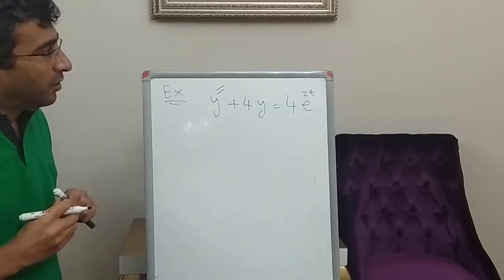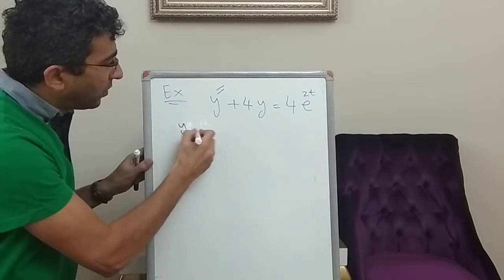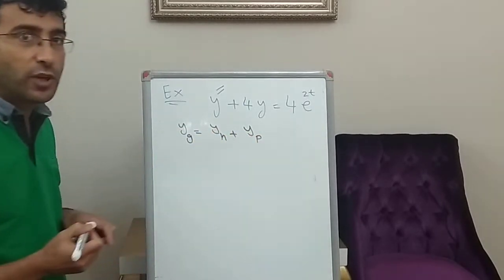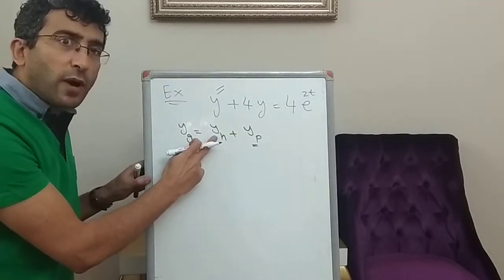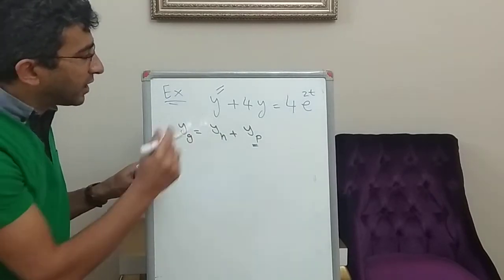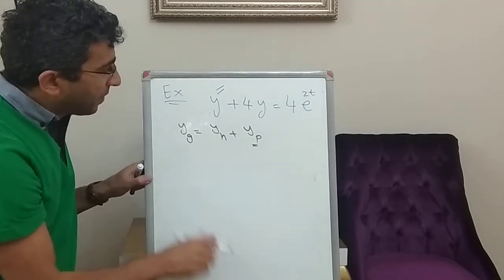Okay. So it has two parts, y homogeneous plus y particular. Today I will speak about this part, but you should find the y homogeneous first. I will tell you why. So let us find the y homogeneous.